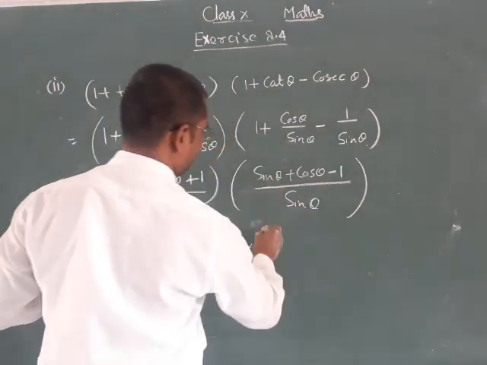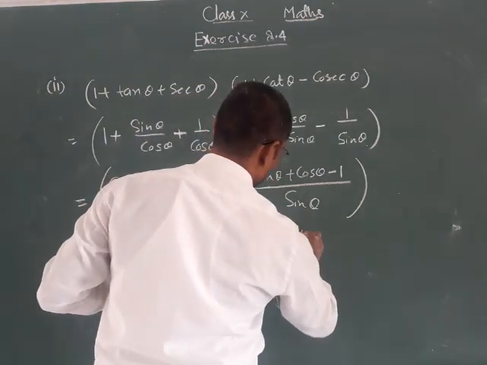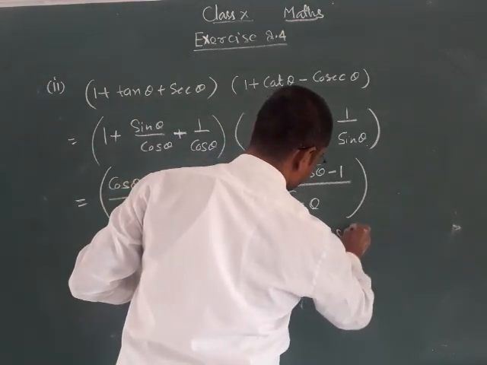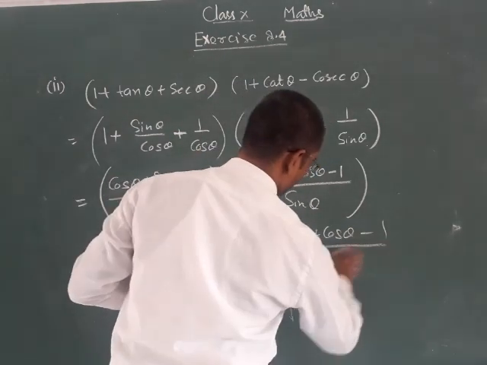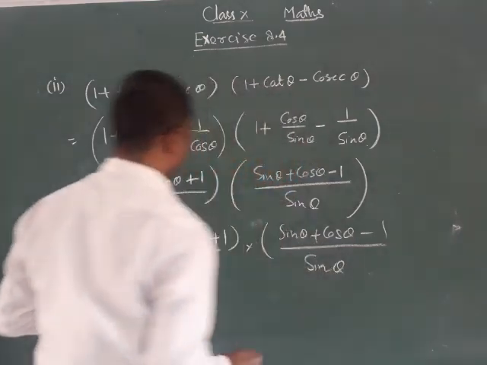And also taking LCM, sin theta plus cos theta minus 1 upon sin theta, sin cancels out. So multiplied: sin theta plus cos theta plus 1 upon cos theta, into sin theta plus cos theta minus 1 upon sin theta.